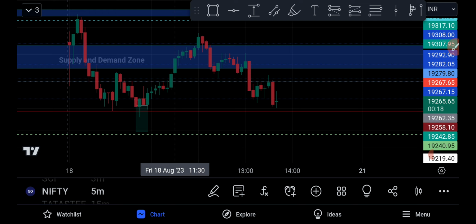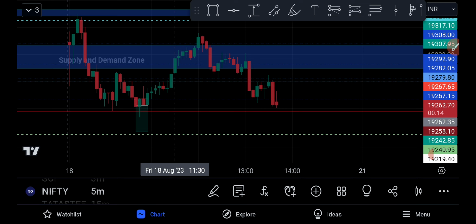So still 18 seconds, 17. Let's see what happens. In a split second, the candle could change all the way, so that is the volatility in the market currently. So this is a big battle between the buyers and the sellers.